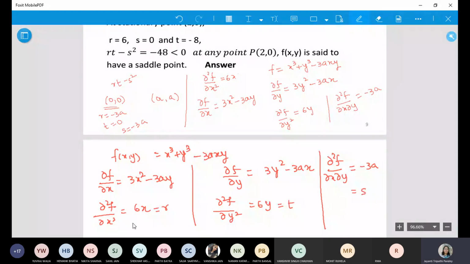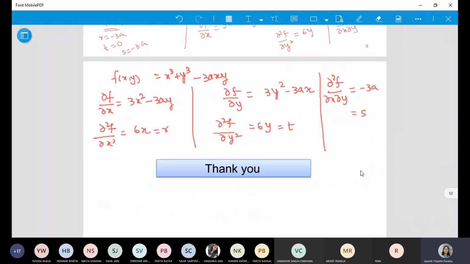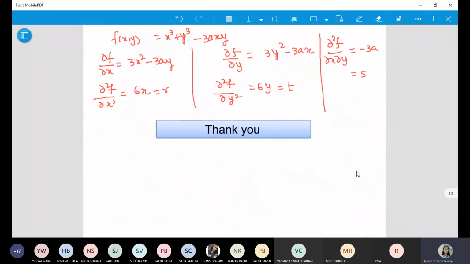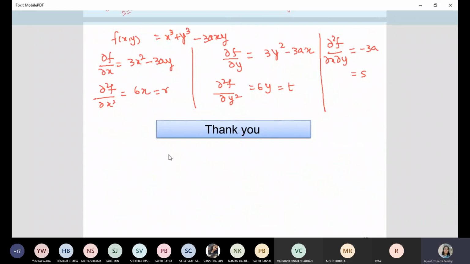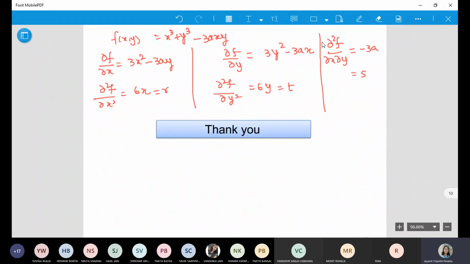Now we have to do it for two values. First value is 0, 0 and second value is a comma a. So let me write it for 0 comma 0. R is, when I put 0, it is 0.